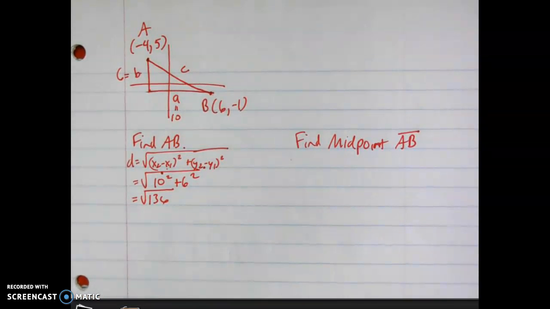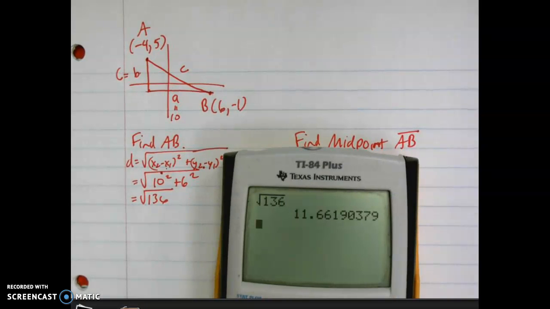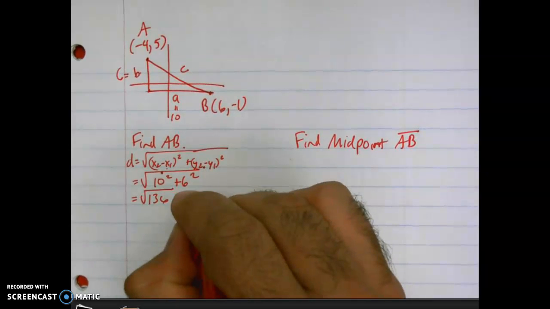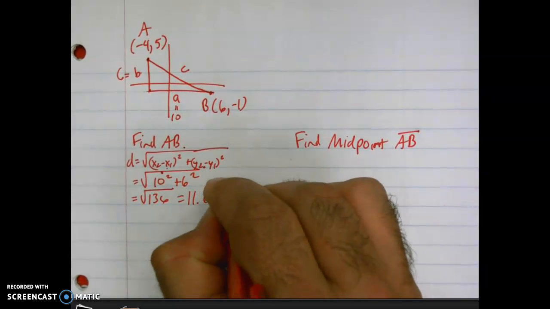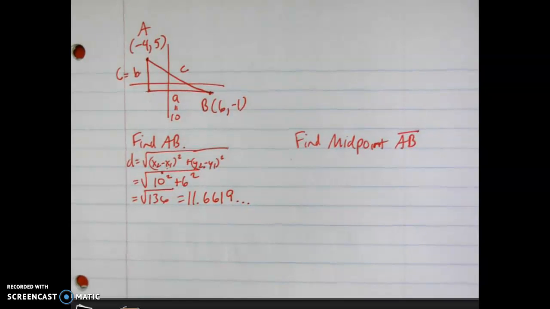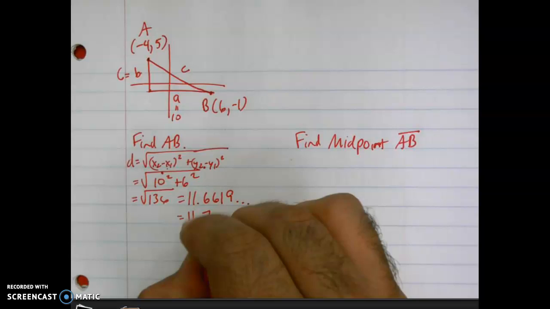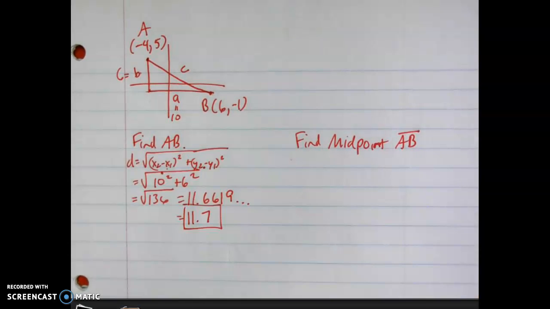The square root of 136, all you need to do is put it into your calculator, and it shows up like so. 11.6619. Okay? If we're going to round it to the nearest tenth, we'd say it's 11.7. Okay? That's it.